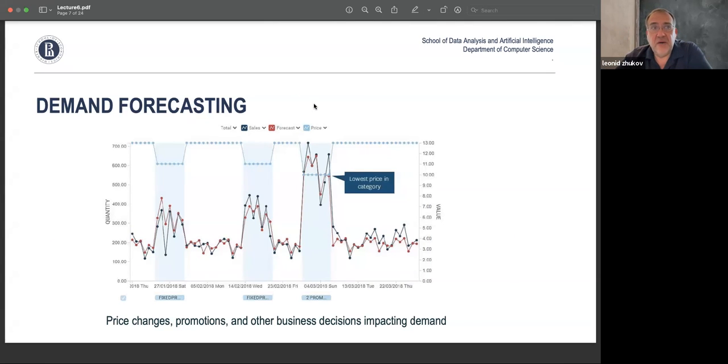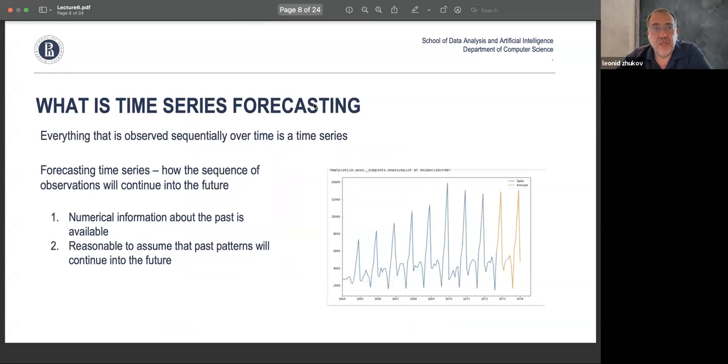Now let's talk about the actual techniques, how you do this. First of all, let's define what time series forecasting is. A time series is all the data, all the events that we observe sequentially over time.